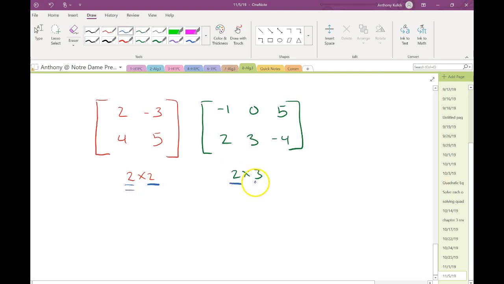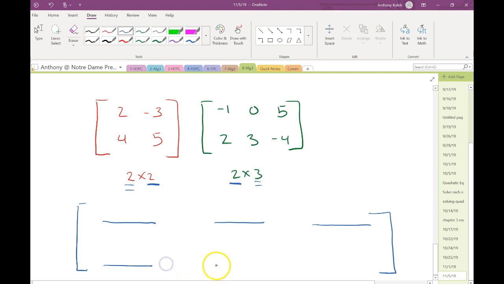And what would the dimension of my answer be? 2 by 3. So I'm going to start by making a spot for my answer, and I'm going to put in a blank for each of the 6 entries that are going to go in that 2 by 3 matrix.